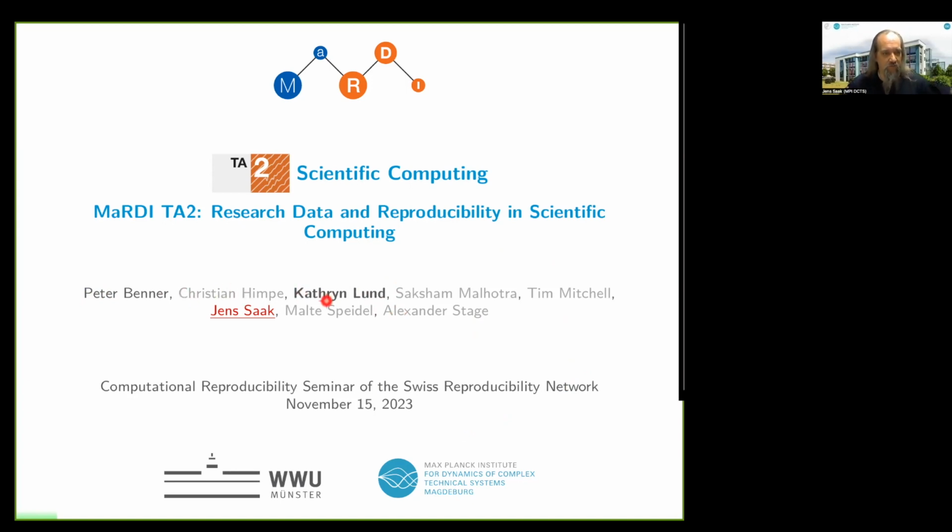Then there are a lot of grayed out names here. Those are all people who either have helped as student assistants or are former members of the group, like Christian Himpe and Tim Mitchell, who have contributed to the big picture behind all this quite a bit. At the end of the talk, there will be even more names and faces of all the other people involved in task area 2.